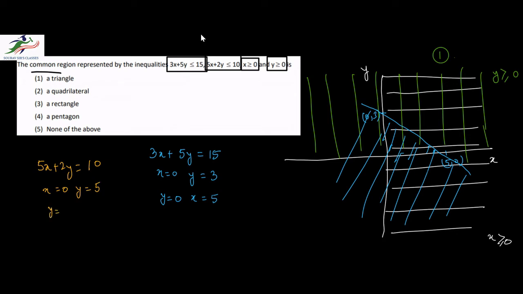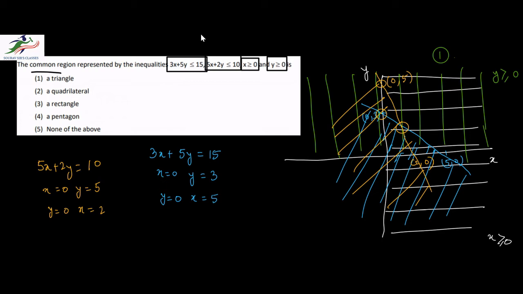When y equals 0, x equals 2. So 0, 5 and 2, 0 are two points through which this line will pass, and the area would be all the area below this line.